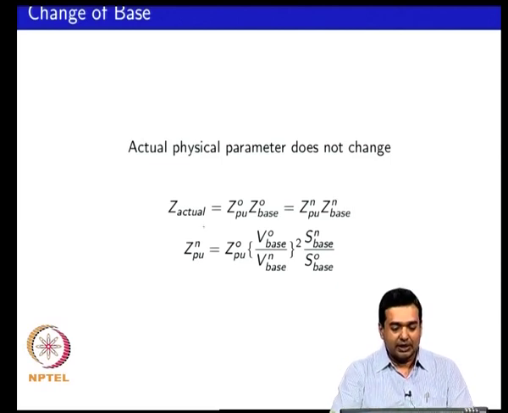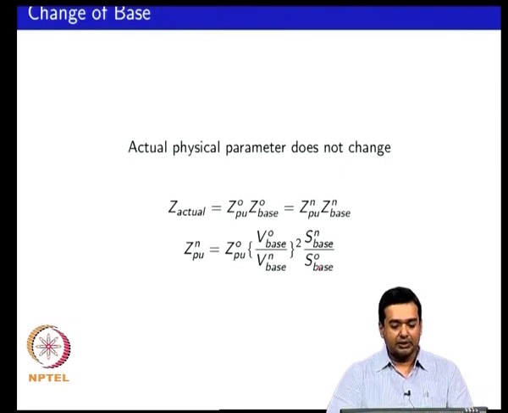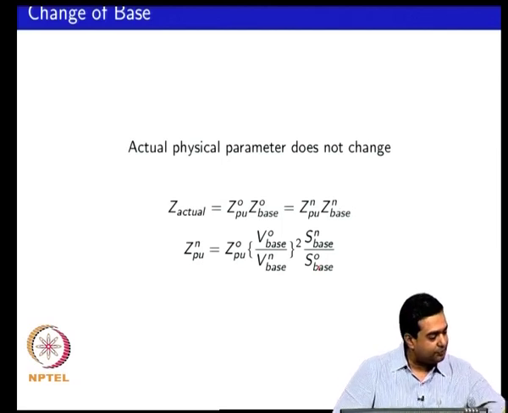Using that concept, you get your per unitized normalized impedance on a new basis to be the old value multiplied by the ratio of old to new base quantity squared, and the ratio of new power to old power to the power of 1. Okay. There are implications of having such an expression for change of basis.